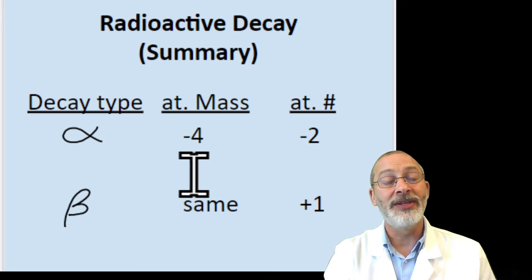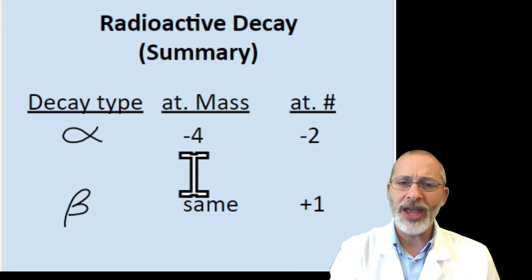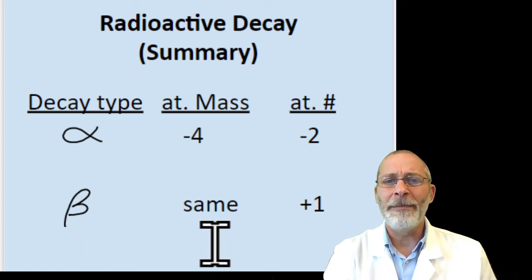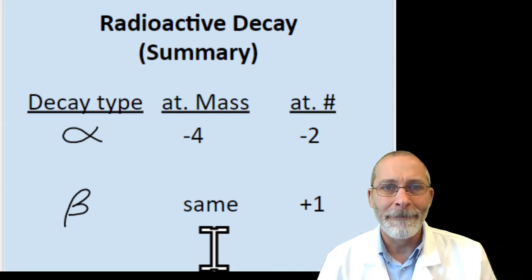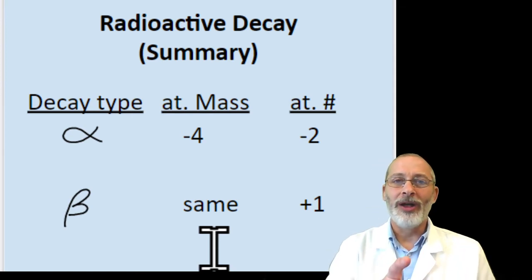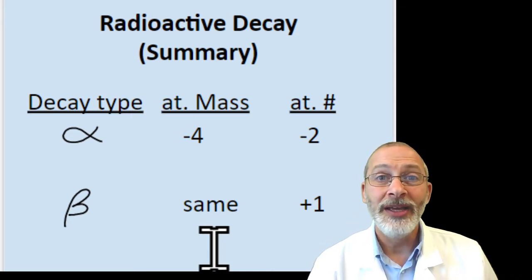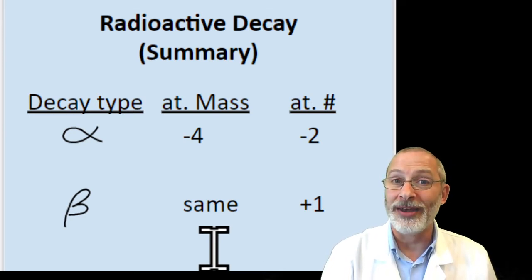Remember, once again, atomic number is the number of protons. Atomic mass is the number of protons and neutrons, which is why during beta decay, the atomic mass actually stays the same. Why? Well, you're losing a neutron, but you are gaining a proton.